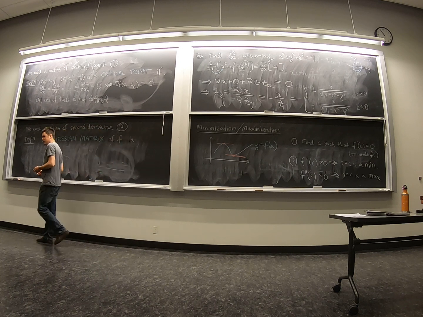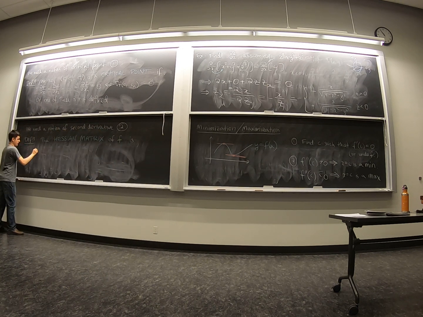And that thing is called a Hessian matrix. Okay, so H of f is going to be our stand-in for the second derivative.